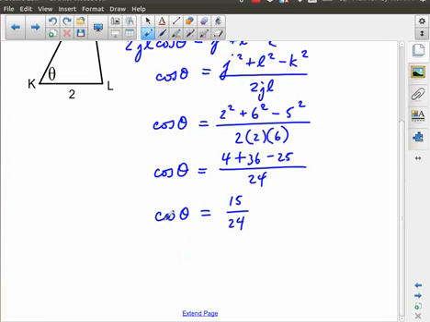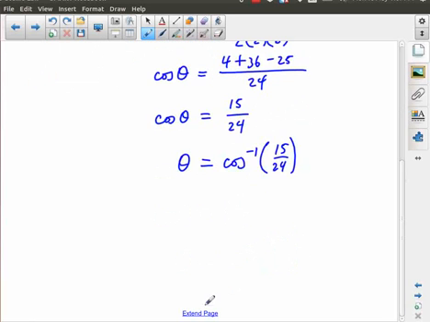And so if the cosine of this angle is equal to 15 over 24, then to get the angle by itself, I take the inverse cosine of 15 over 24. And I end up with theta is equal to the inverse cosine of 15 divided by 24, which is approximately 51.3 degrees.